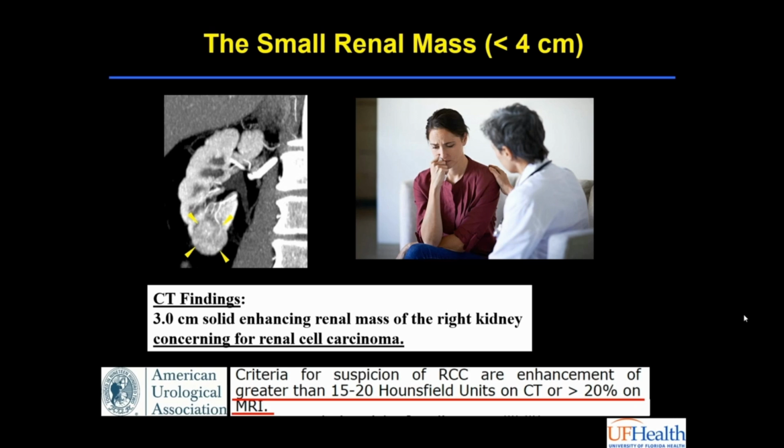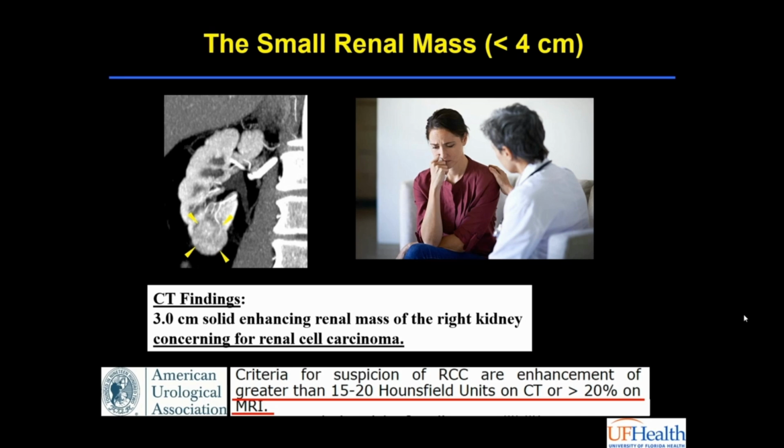These are solid tumors. And our radiology colleagues typically, on their report, and this is an example of what we would get on a CT scan report, would define this as a 3 centimeter solid enhancing renal mass of the right kidney, concerning for renal cell carcinoma or kidney cancer. Makes sense, right? When you hear the word tumor or mass, naturally the instinct is that we think about cancer.